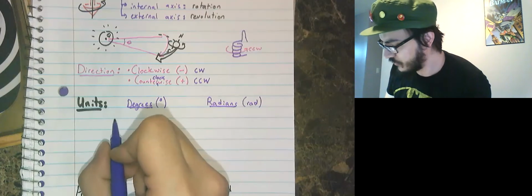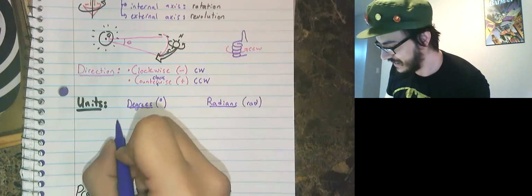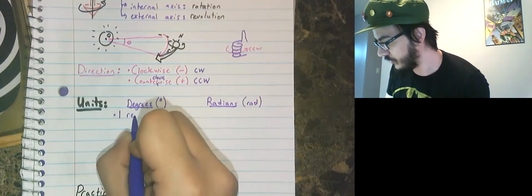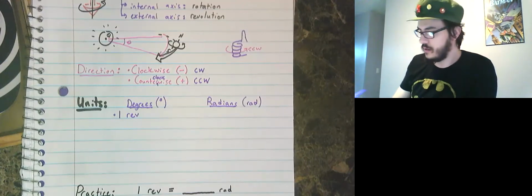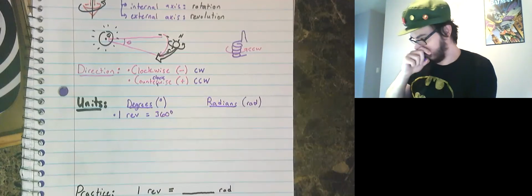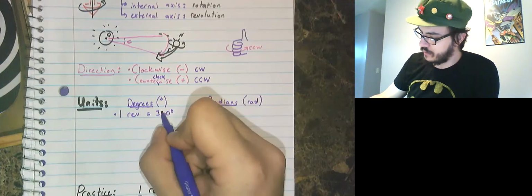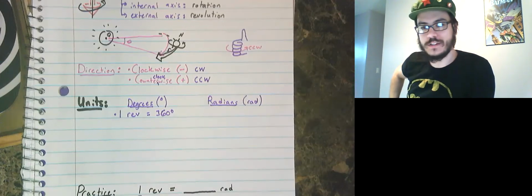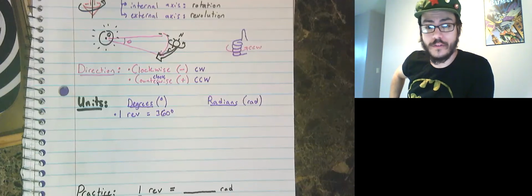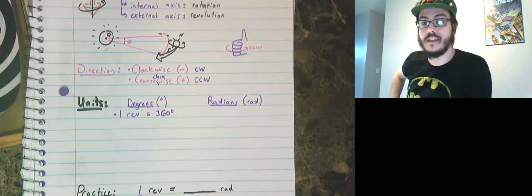This should be extremely old news, but in one full circle, that is one revolution or rotation, there are 360 degrees. Why? Because ancient mathematicians and astronomers approximated that it took the sun about 360 days in order to go around the Earth.